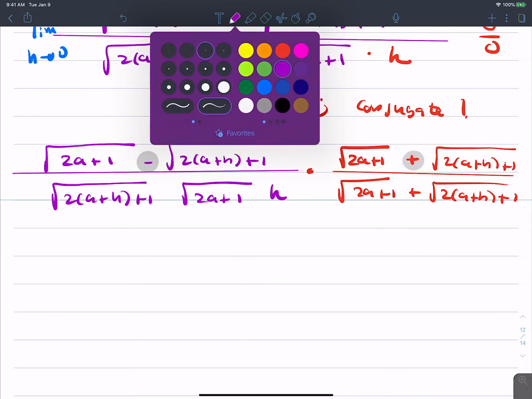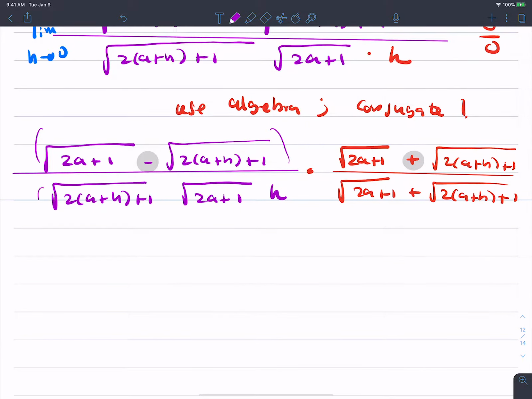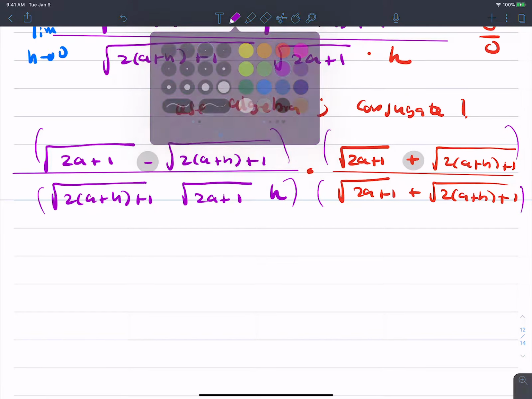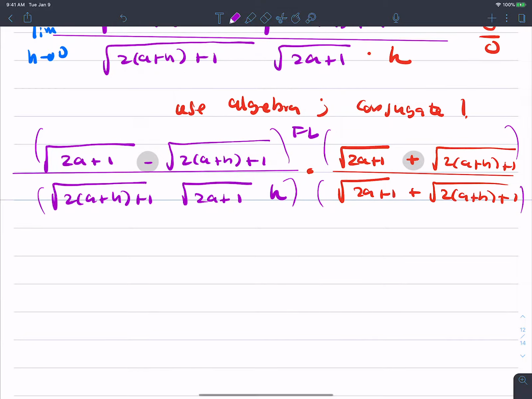And parentheses. So FOIL: first, outer, inner, last. It's really F and L. So here's what you get. You just get 2a plus 1 without the radical, minus, put a parentheses. And in fact, it's not just a parentheses, put a bracket: 2a plus h plus 1, because we already have a parentheses.